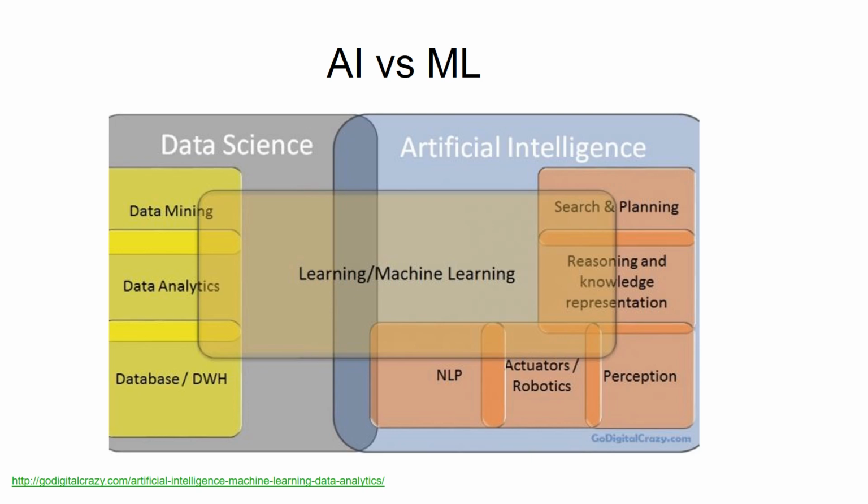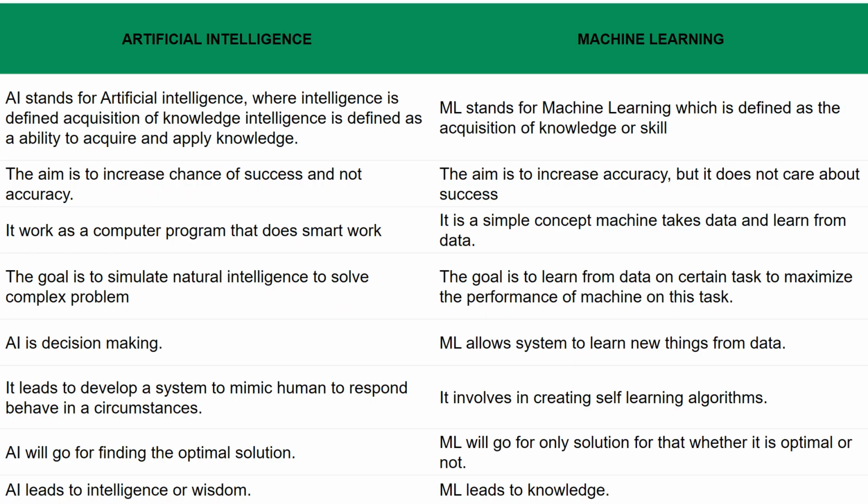Learning is important for different aspects of artificial intelligence, including planning, reasoning, natural language processing, how robots can work, how they work by looking at the environment, how they learn. Similarly, for data analytics, getting insights from data, everywhere learning is useful. So machine learning is a subfield of artificial intelligence.